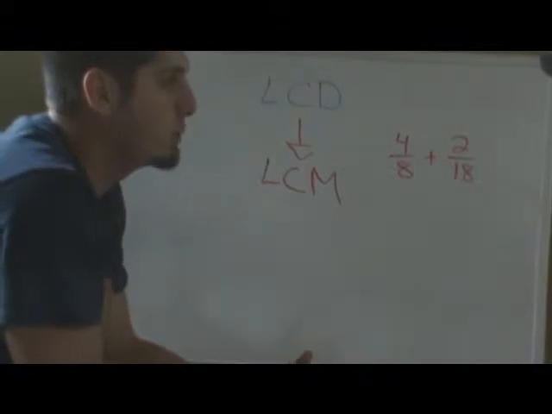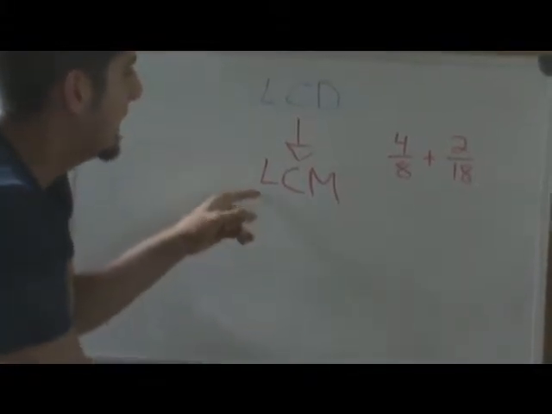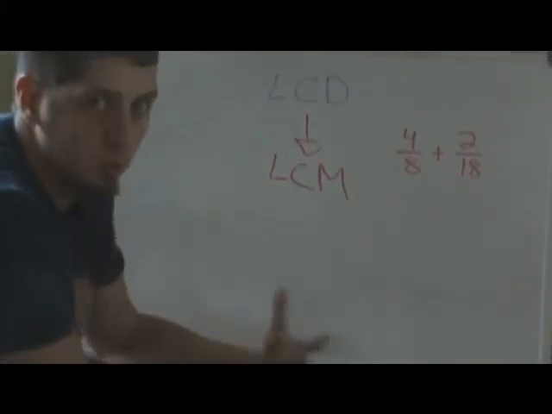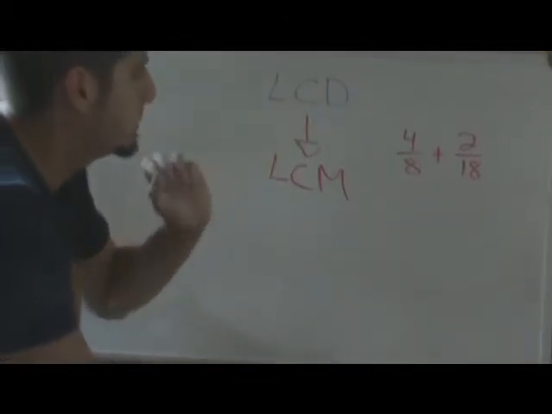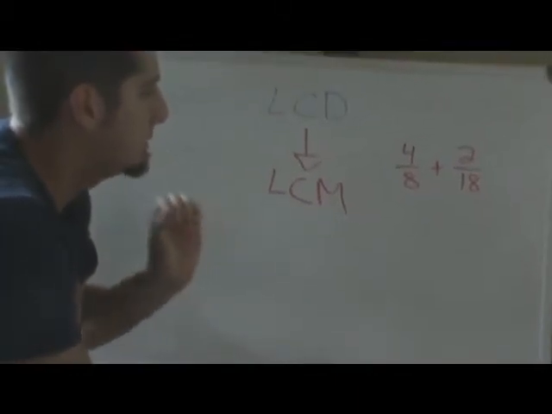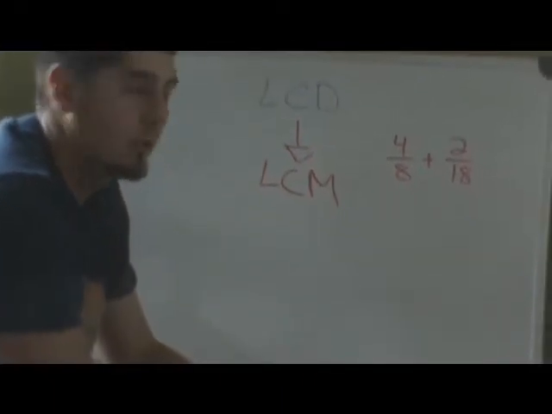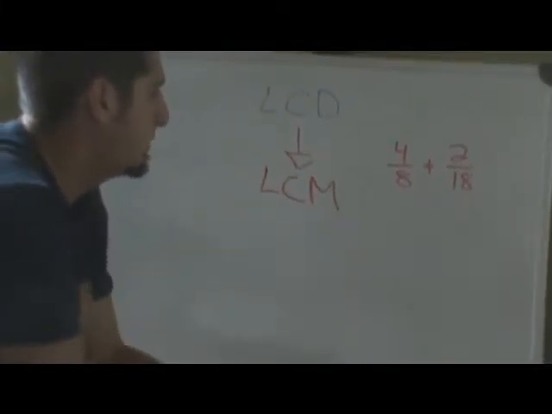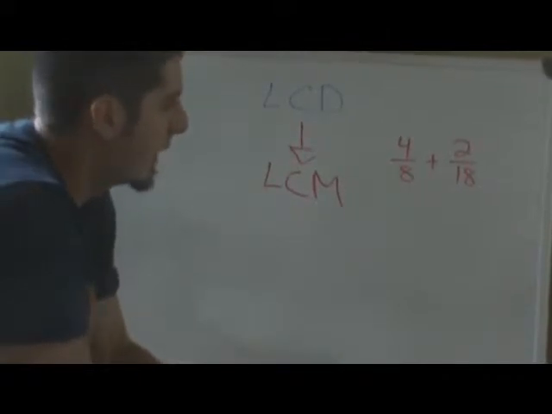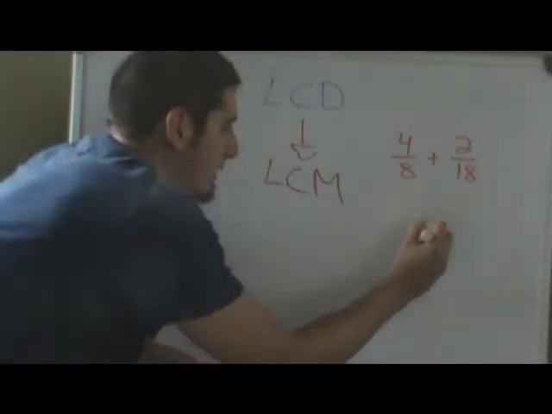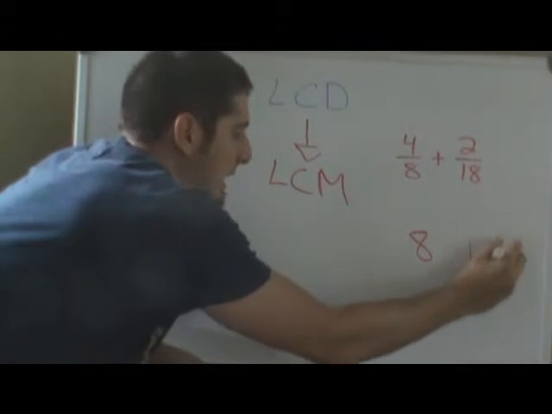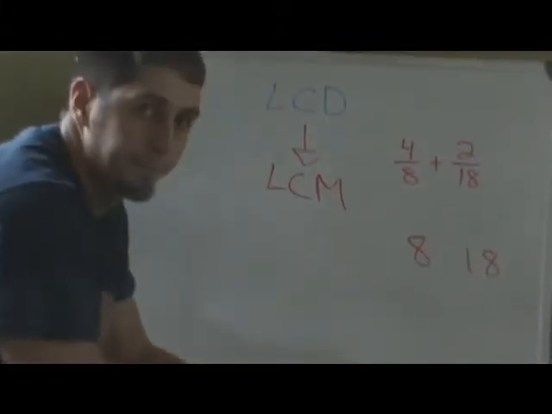The only difference between them is you can find the LCM of any two numbers in the world, whereas LCD is specifically referring to the LCM of two denominators in two fractions. With LCM, you don't have to be referring to the denominators of two fractions, you can just be referring to the numbers 8 and 18, not in fraction form.